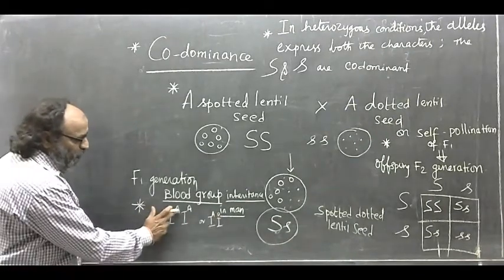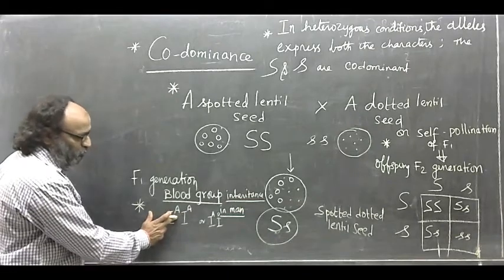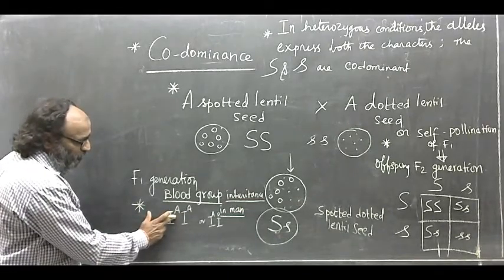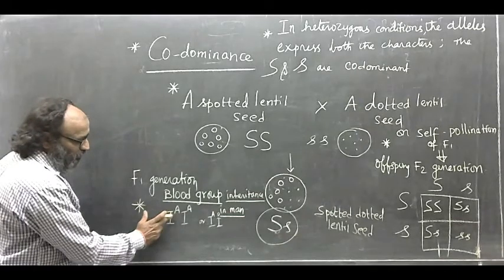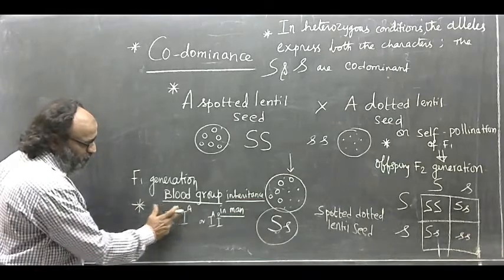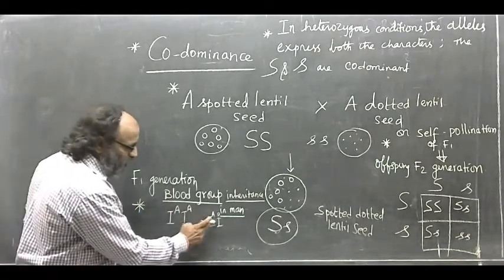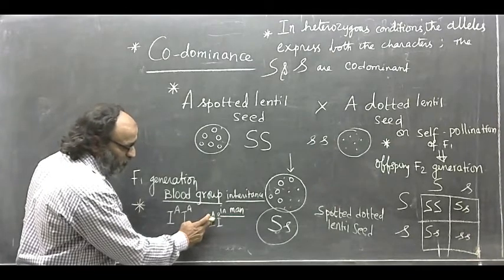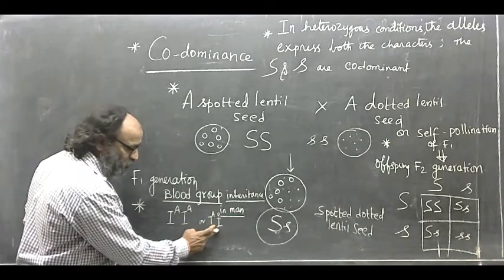The blood group of a person is said to be A blood group when the genotype is IA IA. When the genotype has only one A, then it is also A group.